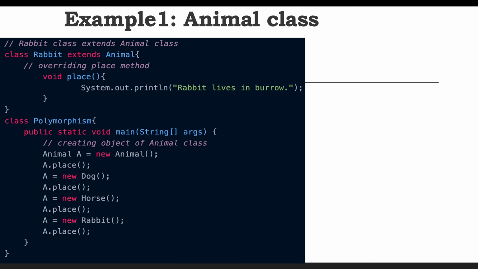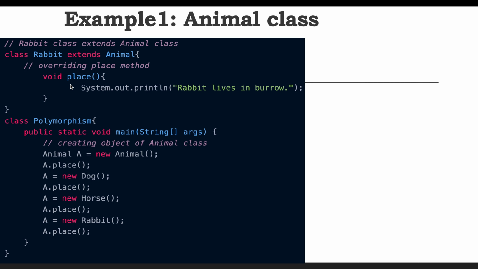And if you have another class, let's say Rabbit, extending the same Animal class, this class also becomes a subclass of Animal. Since it is overriding the same method, void place, with some definition, this is also overriding the method from the superclass in the subclass.